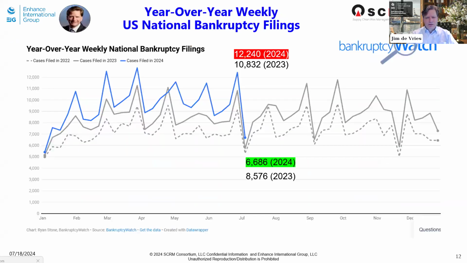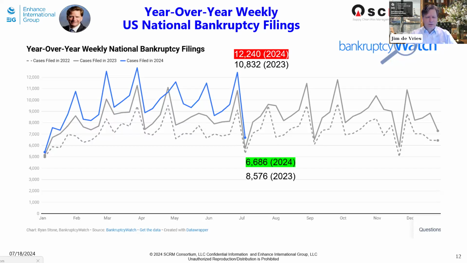I looked at this the other day, yesterday, and I found this from Bankruptcy Watch, and this is all bankruptcies because the small and medium-sized companies are more negatively impacted due to this distress in the market. And for the first time in July, this is very current information, we have fewer bankruptcies than we did last year.